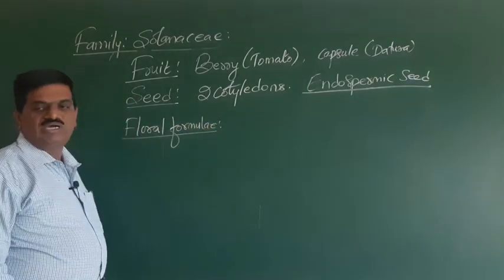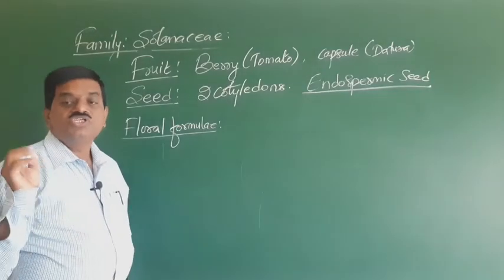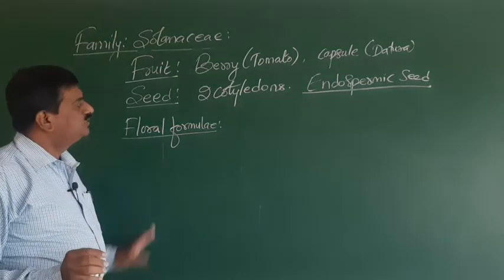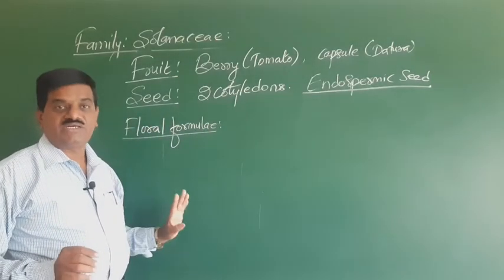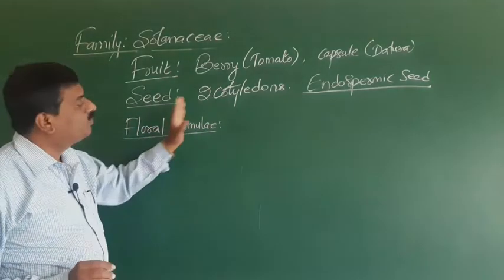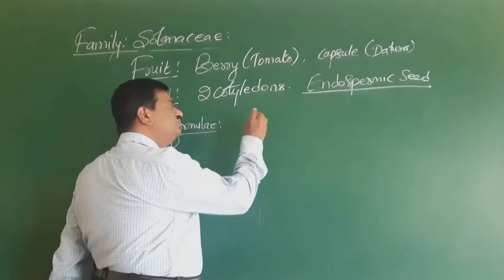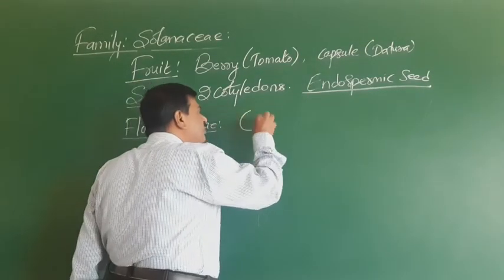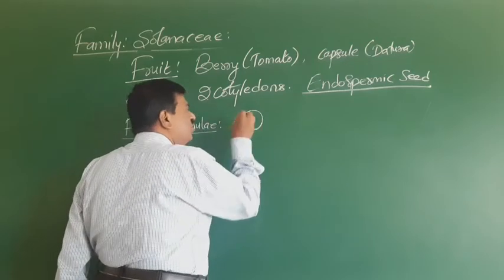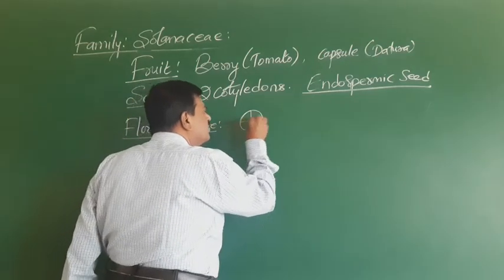Floral formula or formulae. So in this floral formula, how to write this? So I am going to write this. All the characters are being repeated. So here in a floral formula, first we are going to represent actinomorphic.